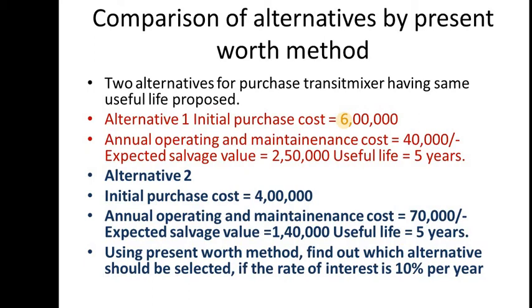It's out only, so it should be downwards, minus. Annual operating and maintenance cost is minus. Salvage value means after 5 years I'll condemn this transit mixer and sell it to somebody. How much money will I get? 2.5. That should come to my pocket, so it is an inflow, so it is plus.